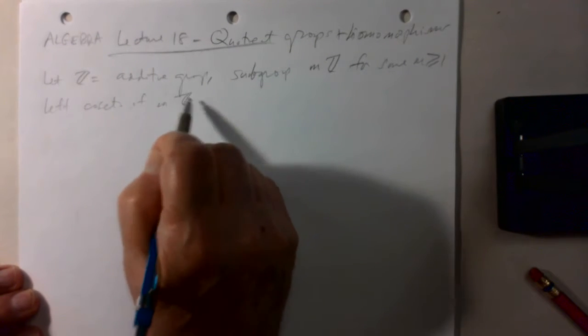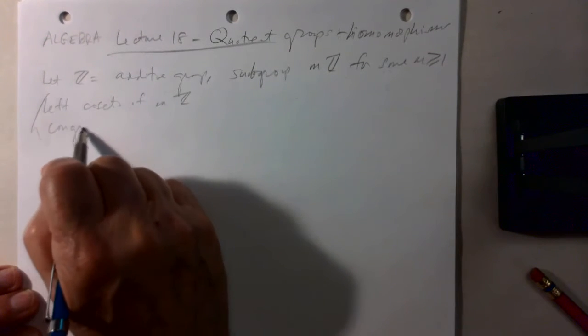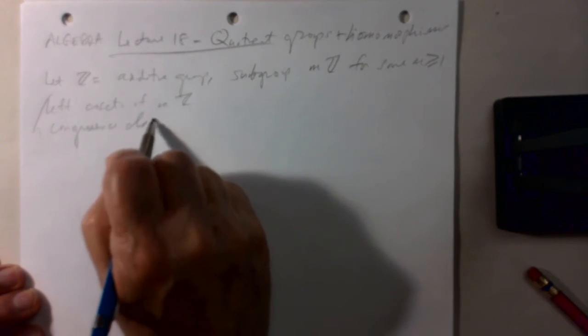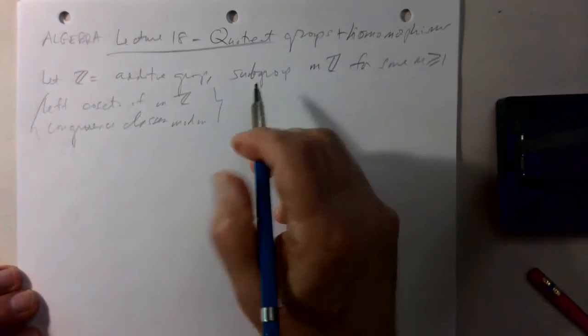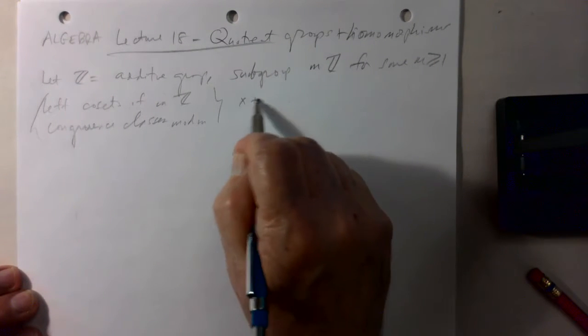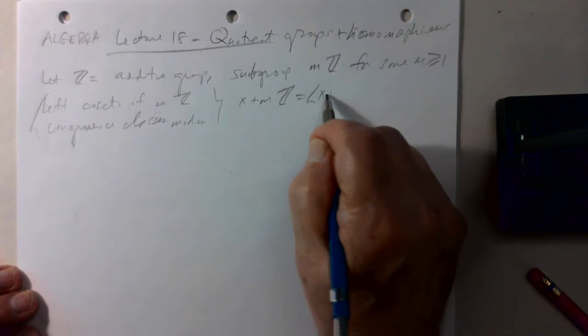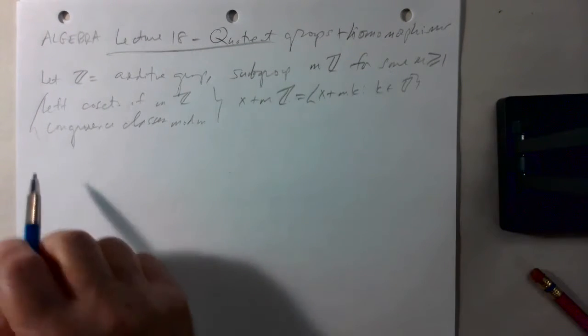of mZ, which are the same as the congruence classes mod m, these are sets of the form x plus mZ. So this is everything of the form x plus mk, where k is an integer.